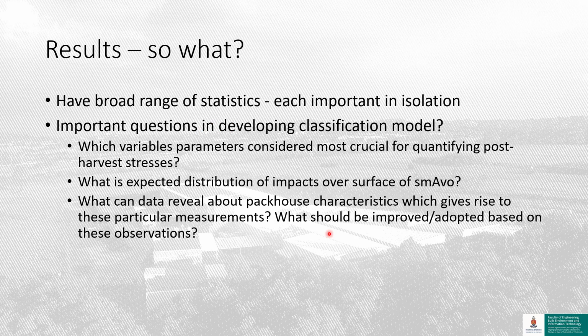We want to classify a packhouse based on this quantitative data into optimized, average, or unoptimized packhouse. And we can look into detail where do these impact events occur over the surface of the SMAVO, and how can we link this with the post-harvest stresses. What makes an optimized packhouse, or what elements should be removed from an unoptimized packhouse to make it better.